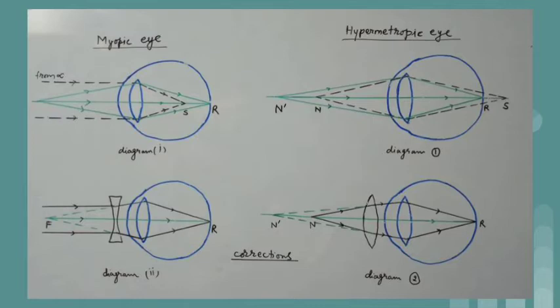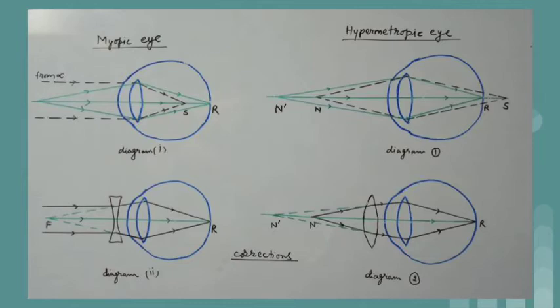Myopic eye focuses the light from infinity at a point ahead of retina that you can see in the diagram. The cause of this defect could be the larger size of the eyeball or smaller focal length of the lens in fully relaxed eye.